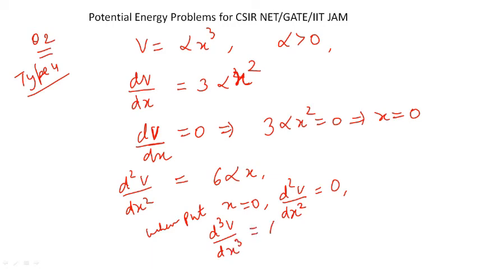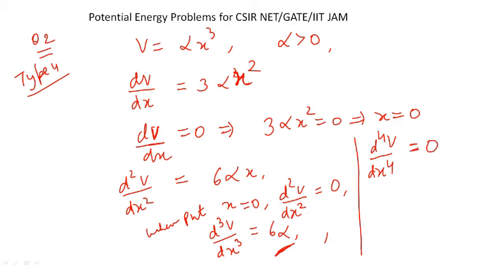It will be equal to 6 alpha. Then we find d4V over dx to the power 4, and because alpha is a constant, it becomes 0.